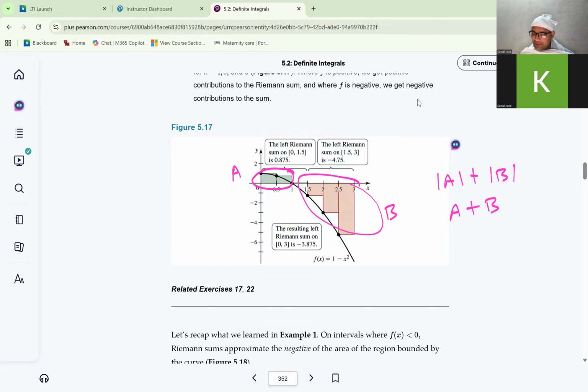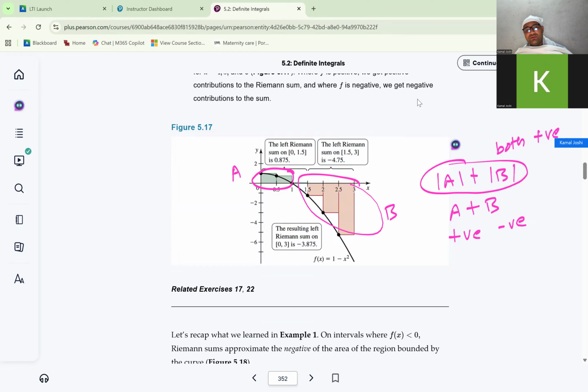When you do A plus B, A is positive, B will be negative. If you do absolute value of A plus absolute value of B, both quantities are positive.